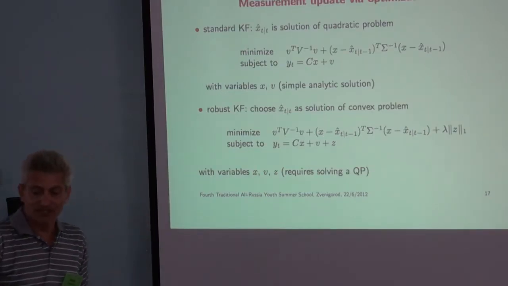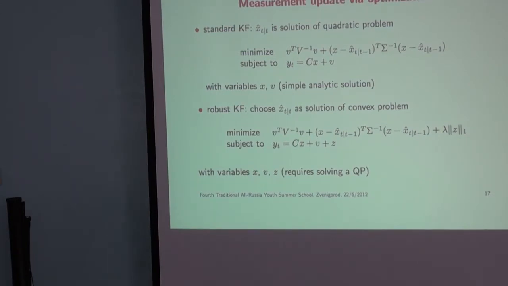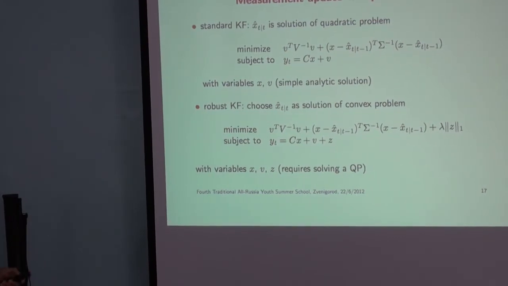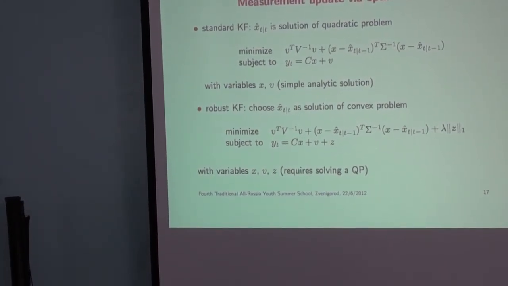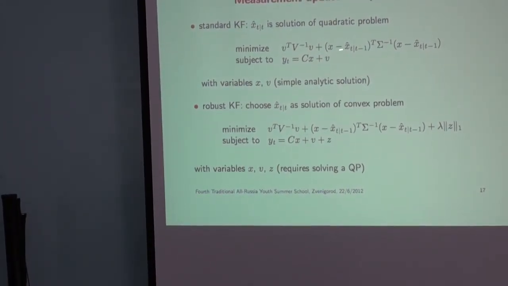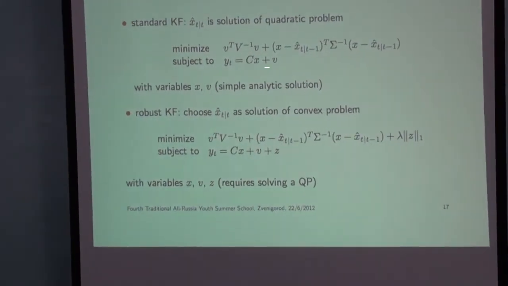So what we're going to do is this. The first thing to do is to write the Kalman filter as something like this. It actually says to minimize, and in fact it has a beautiful interpretation. That's the negative log likelihood function for the noise that you're estimating occurred. That's the prior, and this tells you how far you are away from it. And then that's an equality constraint.